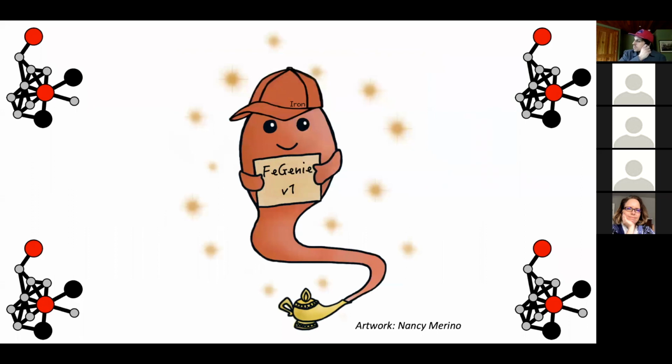Genie is a program I wrote with Nancy Marina. Nancy actually deserves a lot of credit for this. I probably should have included the authors list, but Nancy was the one that came up with the idea of having a tool that focuses on iron, after she tried to annotate a bunch of metagenomes and found it really difficult to find and categorize all the iron-related genes in those metagenomes.